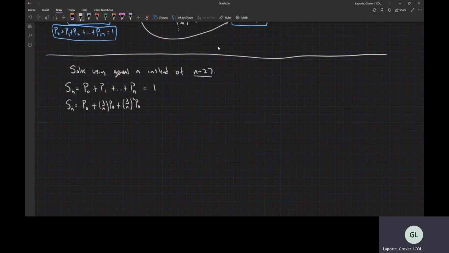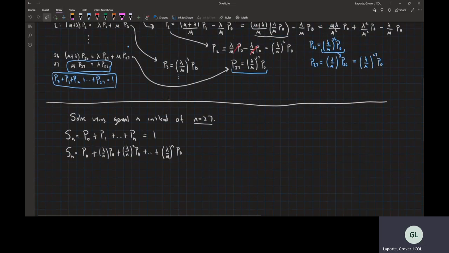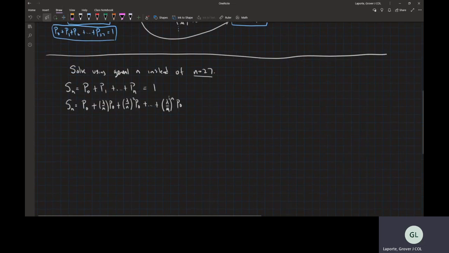None of this mattered how far we went out with n. And if I wanted dot dot dot to the nth one, it would be lambda over mu to the nth power times P0. So this part did not matter when we were solving those up here. The n equals 27 didn't matter.